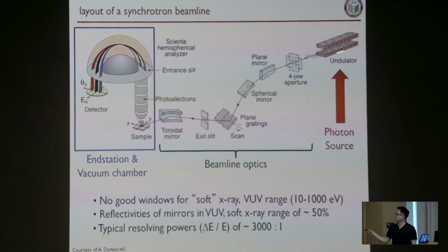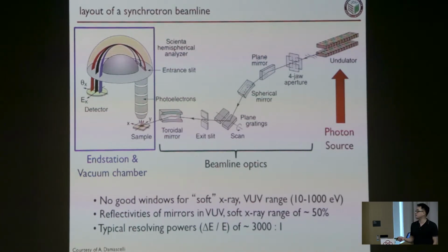There's a bunch of beamline optics, various kinds of gratings to give you much better energy resolution. You have these little exit and entrance slits that you can use to control the photon energy and the resolution. One challenge is that in this 10 to 100 electron volt range, there aren't any good windows. So everything is actually connected in vacuum.